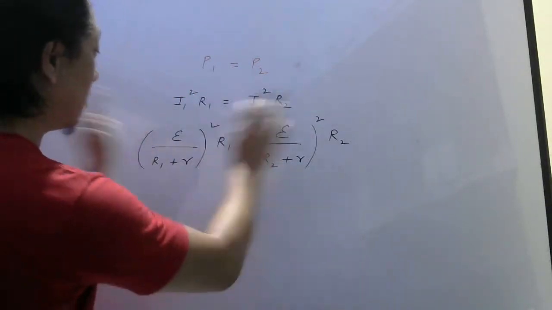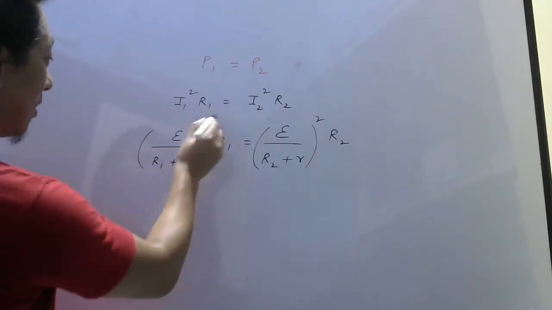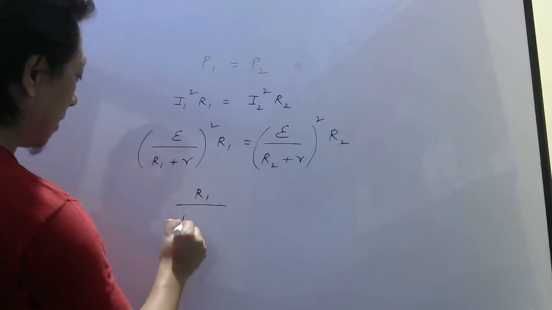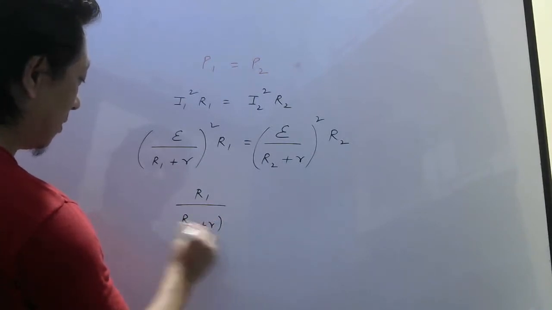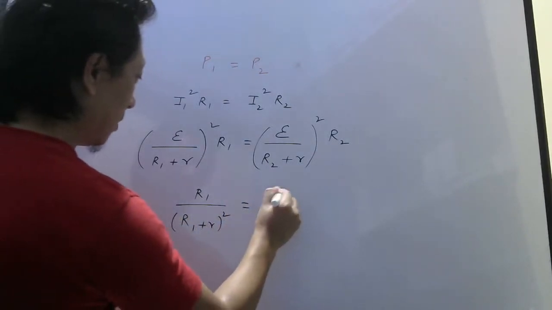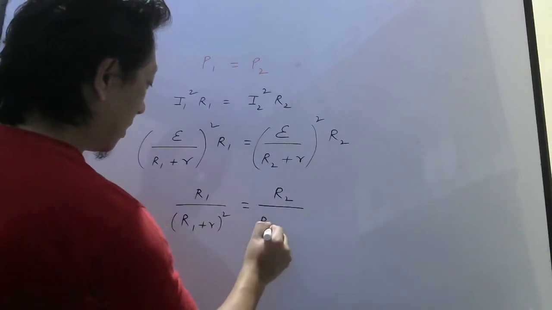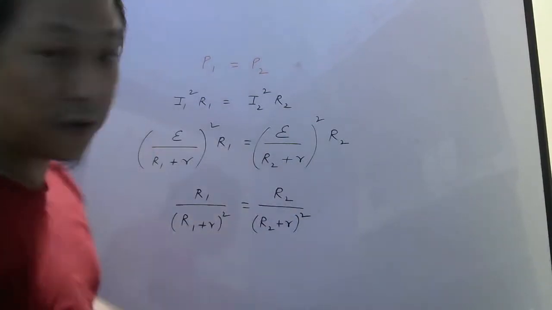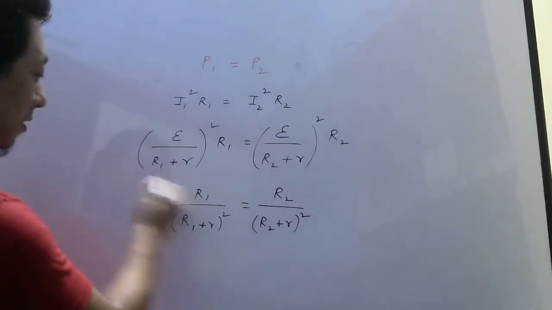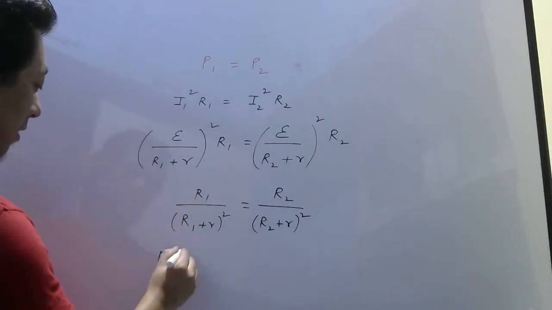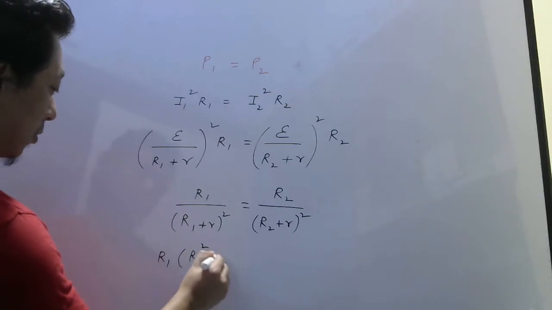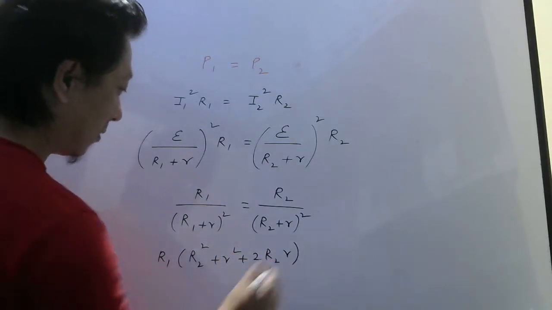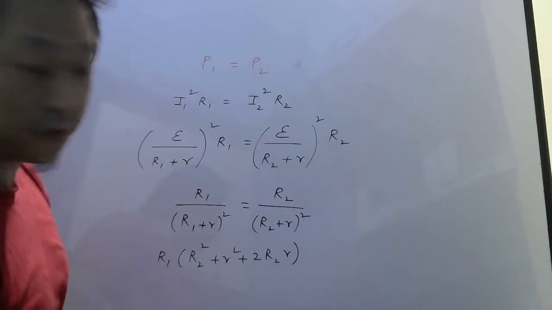So this we have to simplify. So you can see E square will cancel. So it will be R1 divided by (R1 plus r) whole square should be equal to R2 divided by (R2 plus r) whole square. Okay, so this we have to just simplify. So let us try to simplify. Cross multiply: R1 into (R2 square plus r square plus 2 R2 r). Okay, (a plus b) whole square formula I have used.